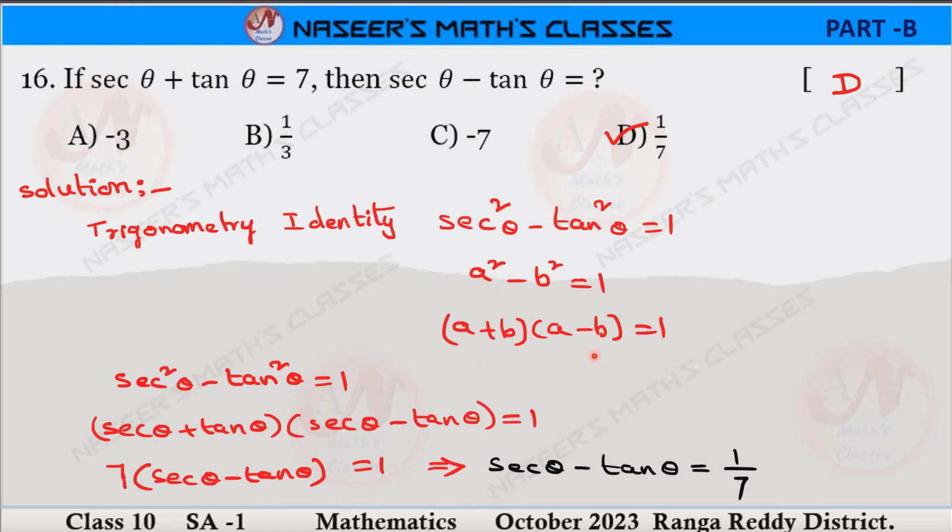So by using this identity, we can write secant square theta minus tan square theta equal to 1 as secant theta plus tan theta into secant theta minus tan theta equal to 1. Substitute secant theta plus tan theta value as 7. So we get 7 into secant theta minus tan theta is equal to 1. We are transposing 7 from LHS to denominator of RHS, then we get secant theta minus tan theta is equal to 1 by 7. So D option is the correct one.